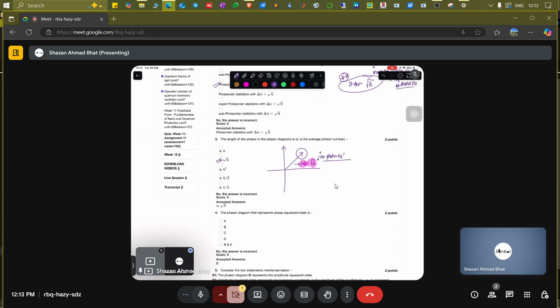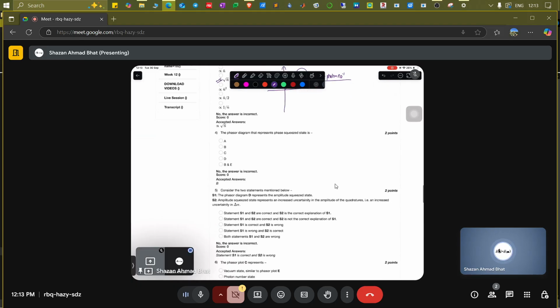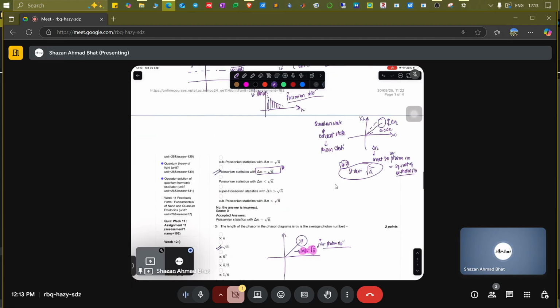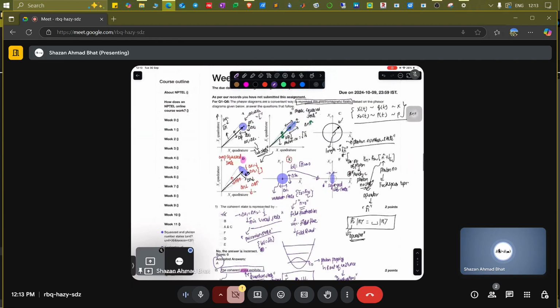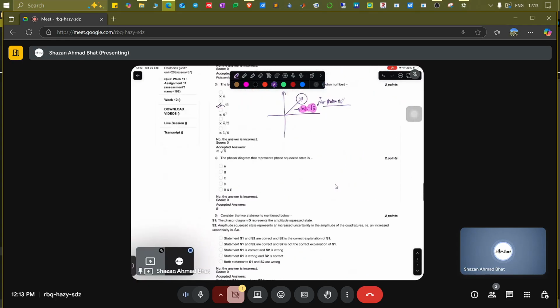Now the phasor diagram that represents the phase squeezed state. We're going back to this question where we have to show which represents the phase squeezed state. So we have marked it: the phase squeezed state is this, and this is the amplitude squeezed state. We defined it in the beginning.